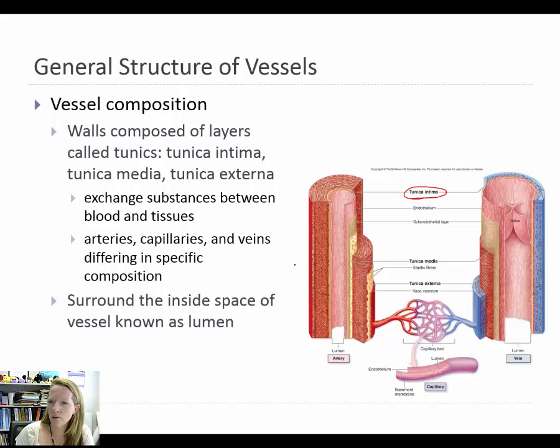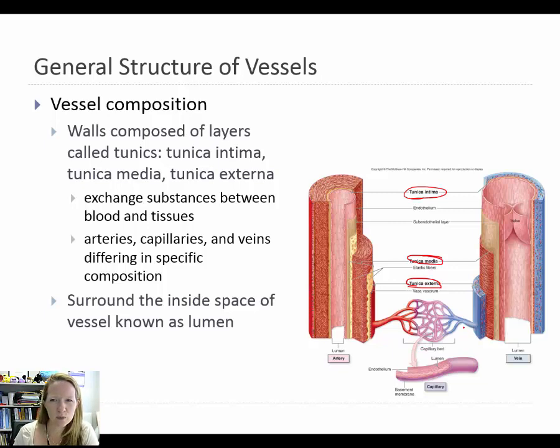The tunica media is going to be the middle layer. And then you have the tunica externa, which is going to be this outer wall layer. And just looking at the three different types of vessels that we are going to have, you can see big differences between these wall layers. They do eventually kind of change as we go through.